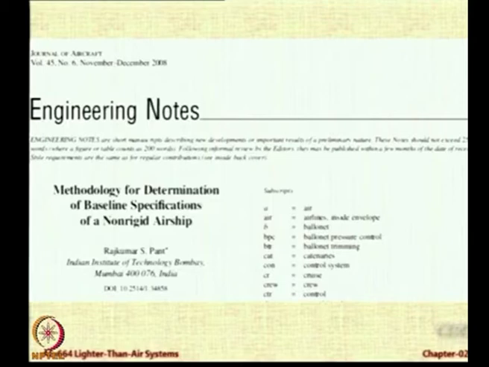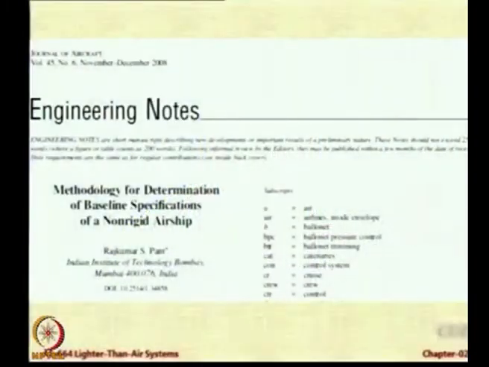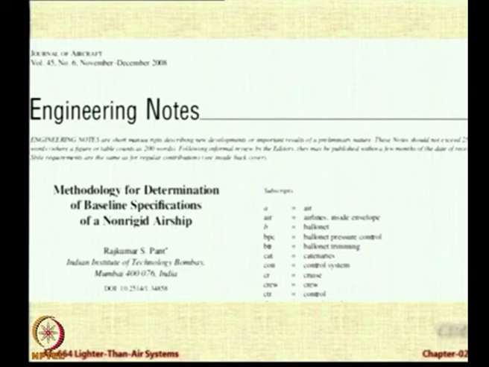Now, do you know what is a technical note and how is it different from a paper? Okay. So, a technical note or engineering notes are short manuscripts, maximum words are 2500, which describe a new development or important results of a preliminary nature.